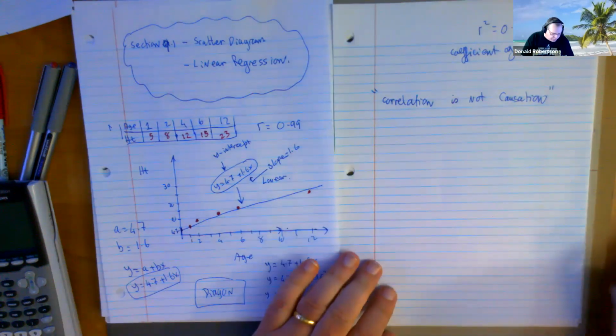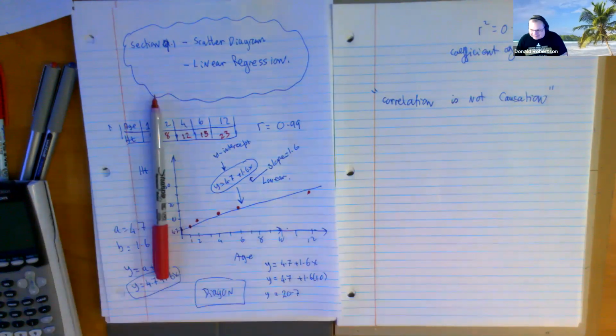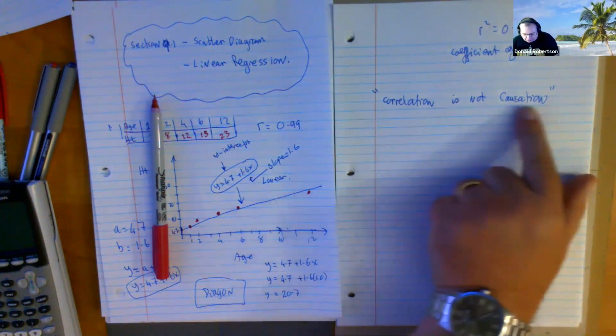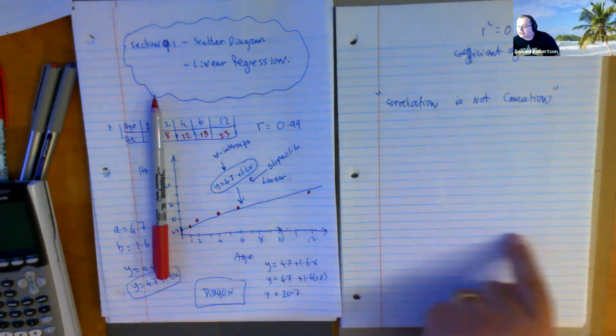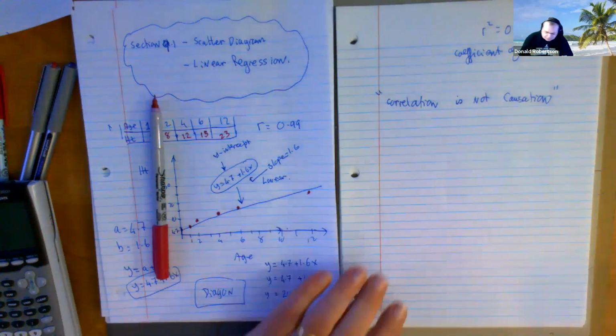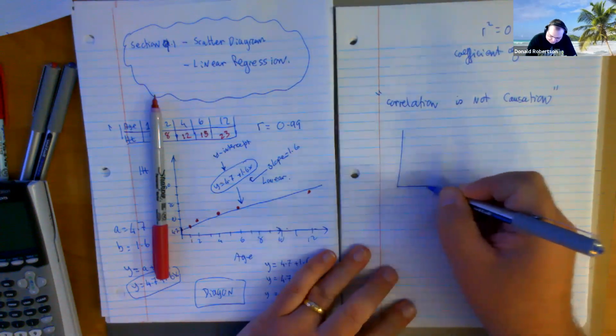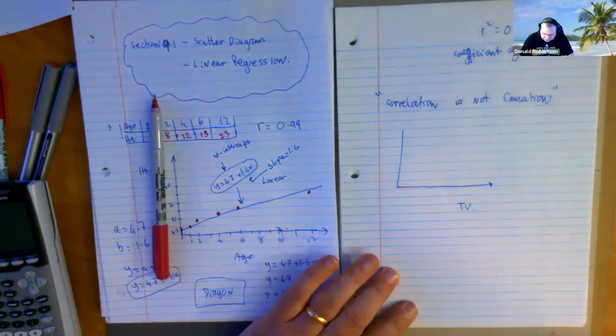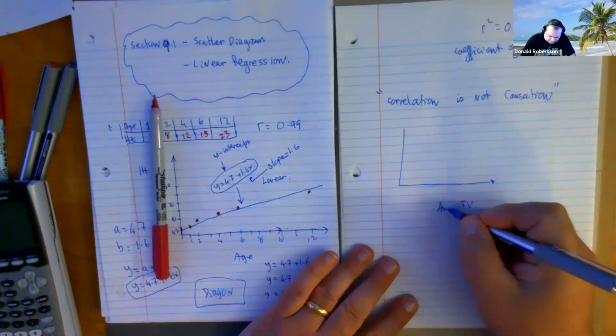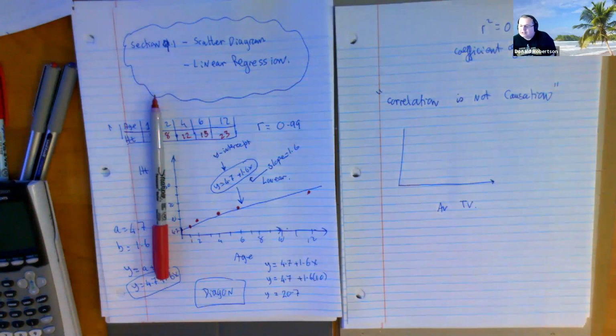So I'm going to give you two examples, kind of silly ones, but silly ones kind of show the point, I think, of a straight line relationship where the x's are not the reason for the y's. The x's aren't causing the y's. So here's the first one. Along the bottom, we're going to do the average number of televisions per household in a country.